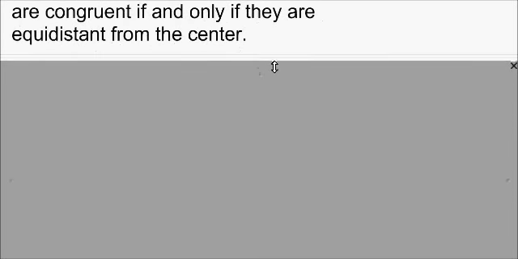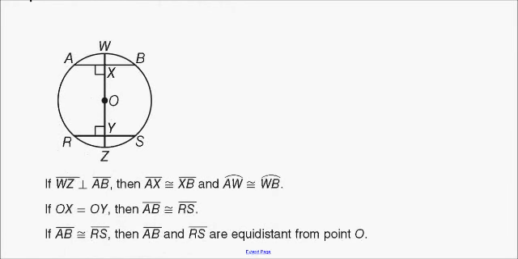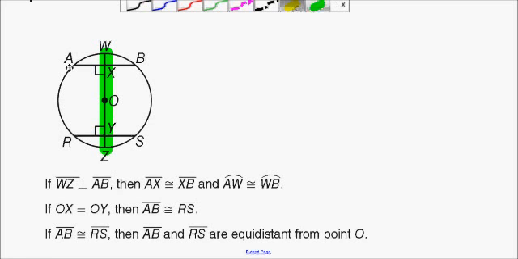Okay, so here's the picture for you visual people. So in this circle, it says if WZ is perpendicular to AB. So that's saying this diameter is perpendicular to chord AB.